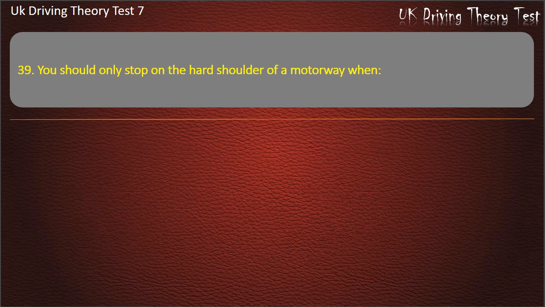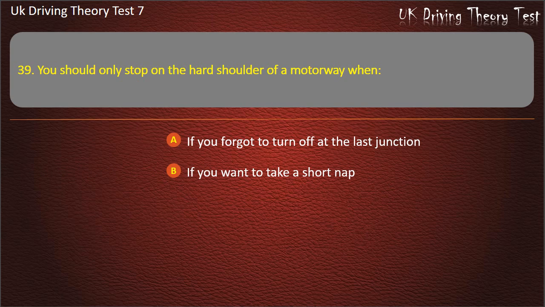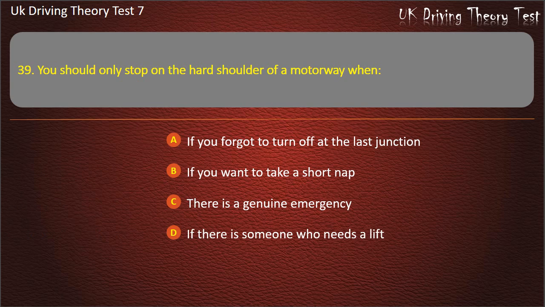Question 39. You should only stop on the hard shoulder of a motorway when you forgot to turn off at the last junction, if you want to take a short nap, there is a genuine emergency, or if there is someone who needs a lift. Answer. There is a genuine emergency.